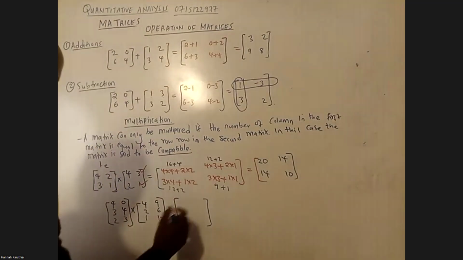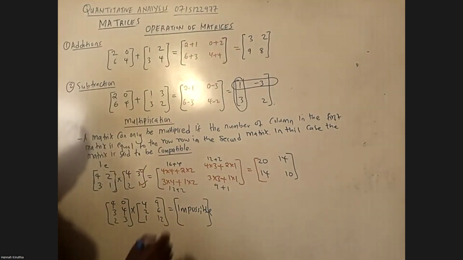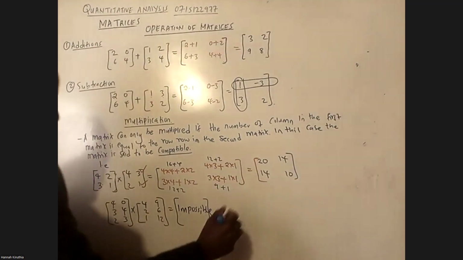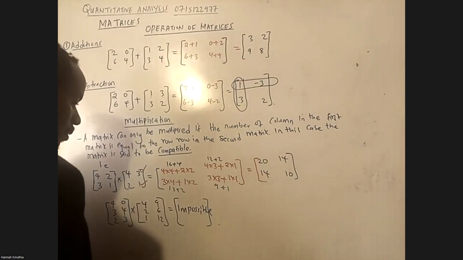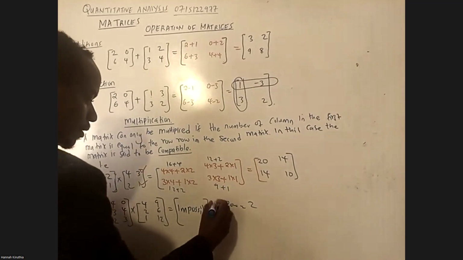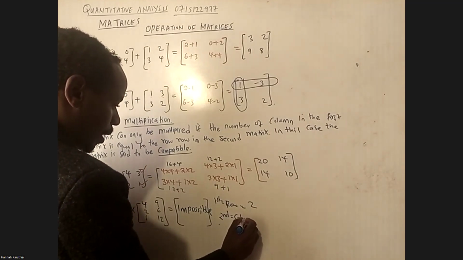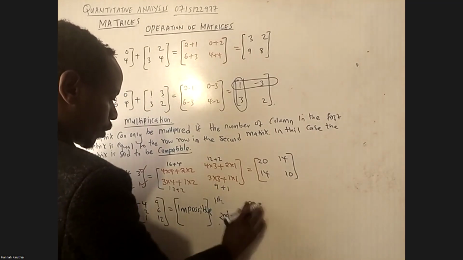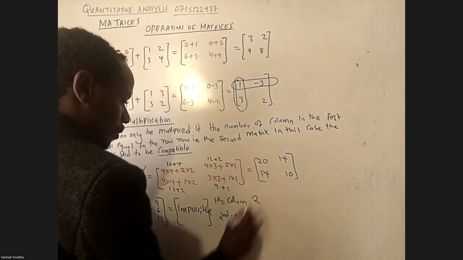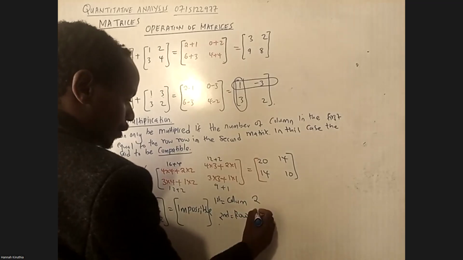So it is impossible. The reason why? Now let us see why it is impossible. We can see the first matrix and the second matrix. Let's start with the column. The column is 2, and in the second matrix the row is 3.